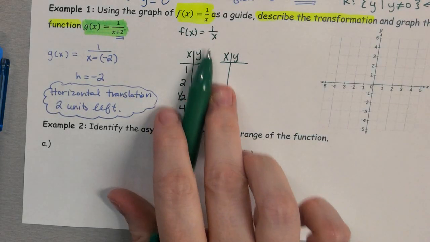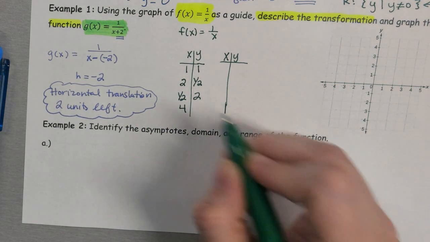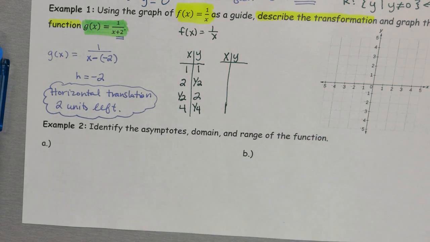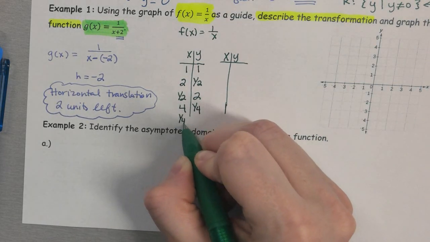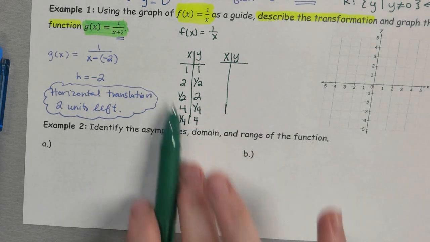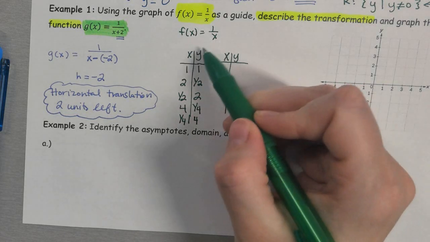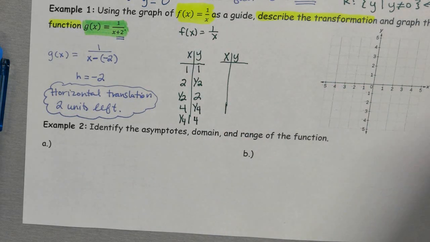But if you plug in 4, what's your y value going to be? Yes. So then if you did 1/4, then your y value would be 4. And that's just going to give you a better picture, okay? And if you want, you can always use those values. That's fine. You can always do that.